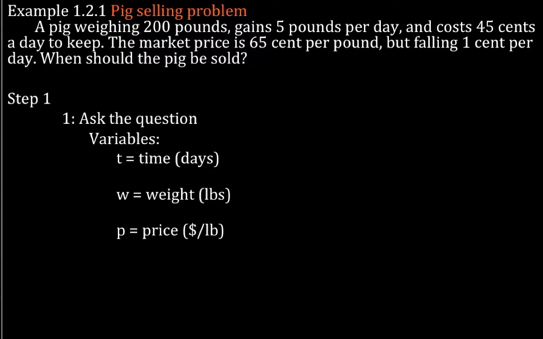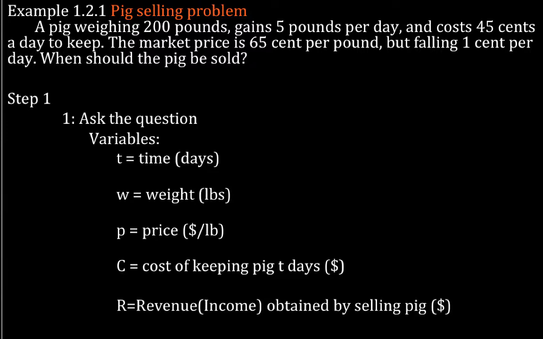So we have to consider the price and also cost of keeping the pig T days. We should get a variable for that also. Then revenue or income obtained by selling the pig. Finally, we can get the profit from sale of the pig. So these are the variables. So understand these variables.